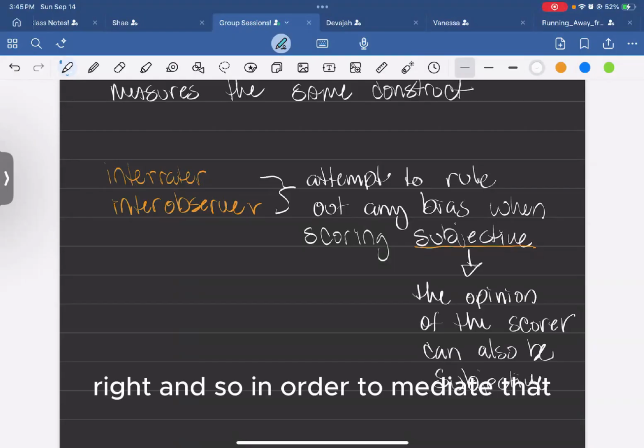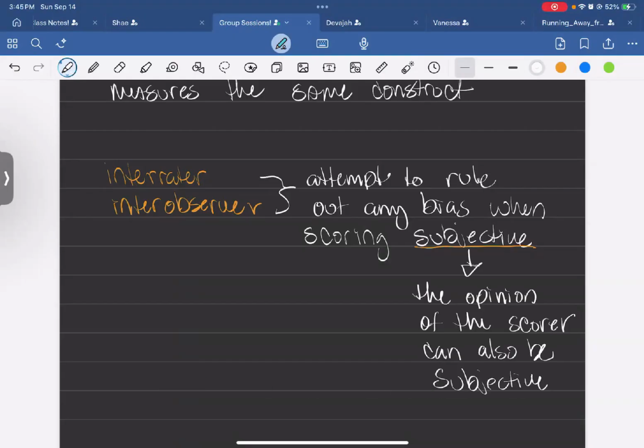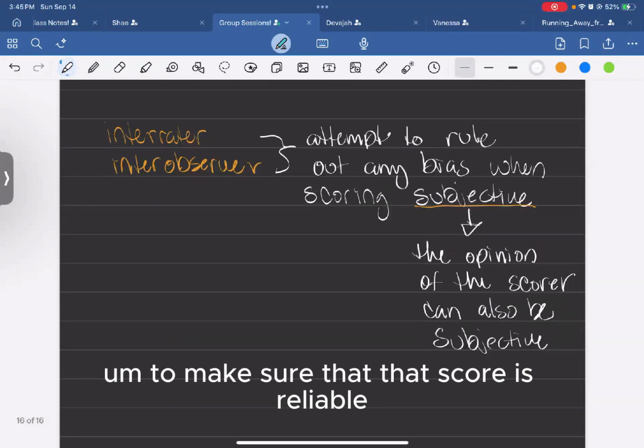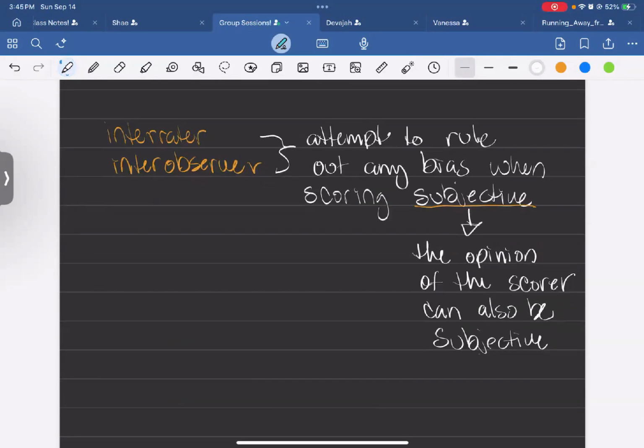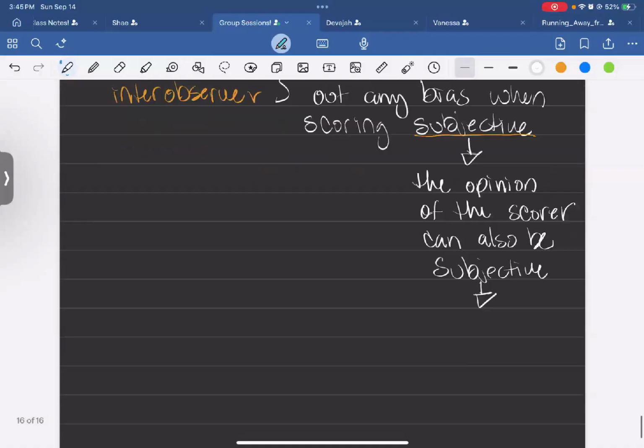Right, and so in order to mediate that, to make sure that that score is reliable, all right, so I put this here.